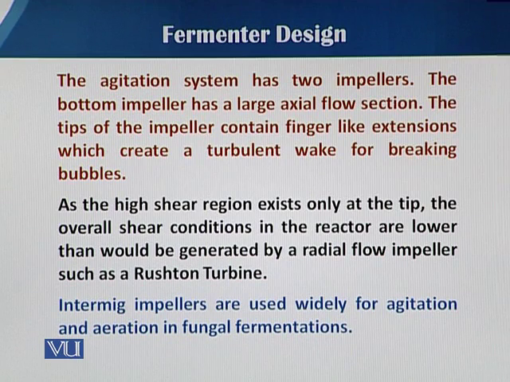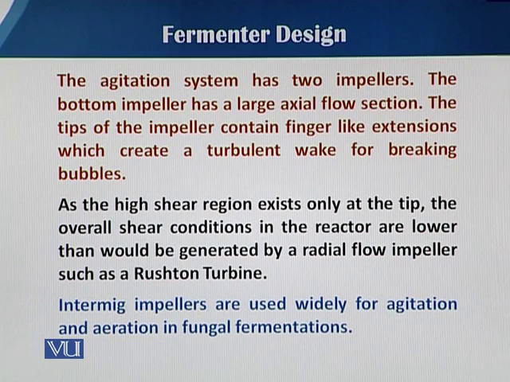The agitation system, as we know, has two impellers. The bottom impeller has a large axial flow section, and the tip impeller contains a finger-like extension which creates a turbulence wake for breaking the bubbles.